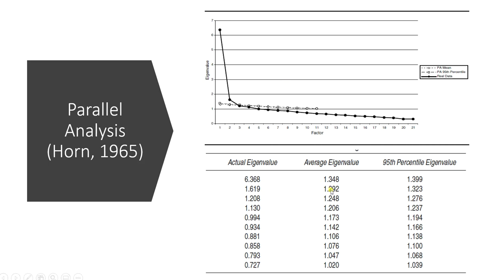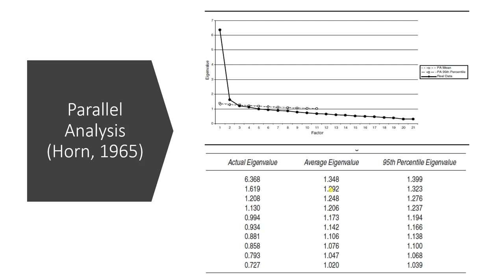So again, the second factor is explaining more variance than can be explained by chance. But come to the third, 1.208 is the eigenvalue of actual data and 1.248 for random data. So the random data or the chance variance is more than the actual variance. It means the third factor is not meaningful. So the criterion is that we retain that number of factors whose actual eigenvalues are greater than or equal to the eigenvalue of the random data set.